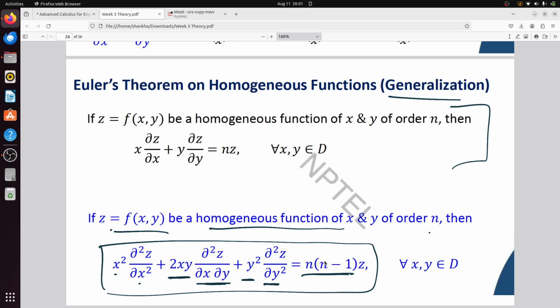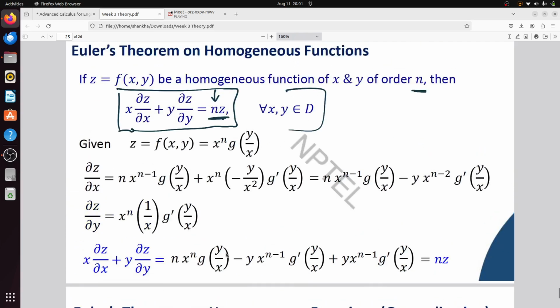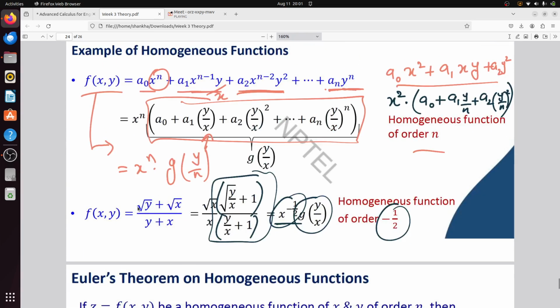So just using Euler's theorem you can prove that, for example, this function, square root of y plus square root of x, divided by y plus x, is a homogeneous function of degree minus half.